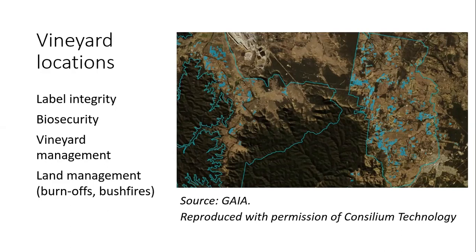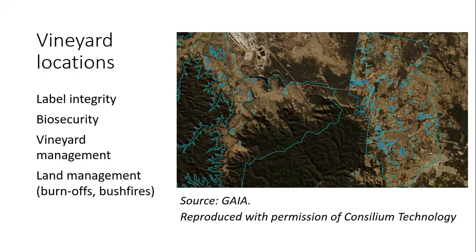So this information is really useful, partly for label integrity. You cannot put a region on a wine label if you can't prove that the wine comes from vineyards in that particular region. So this is very helpful in ensuring that you've got label integrity. But there are other applications like biosecurity, quarantine, vineyard management.